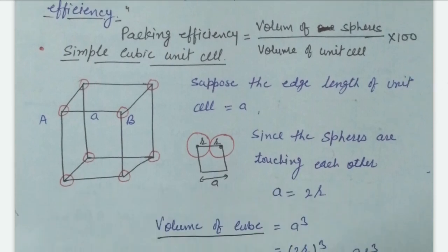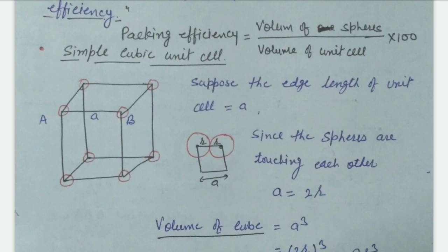In the figure, we can see that there are 8 spheres and the edge length is denoted by small a. But actual evidence says that the two spheres are close to each other.